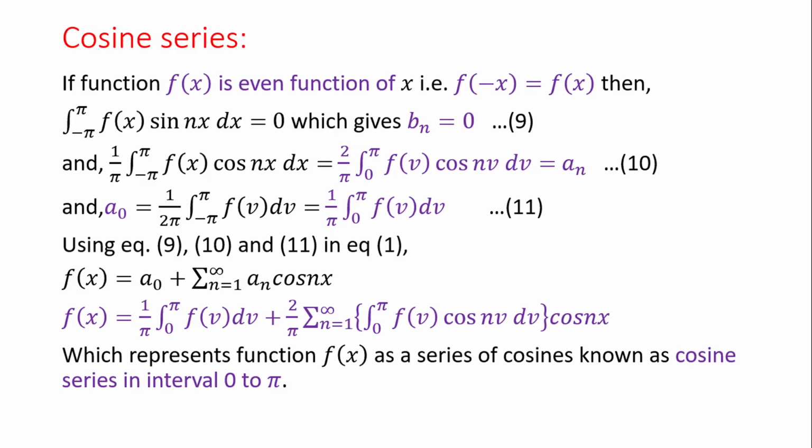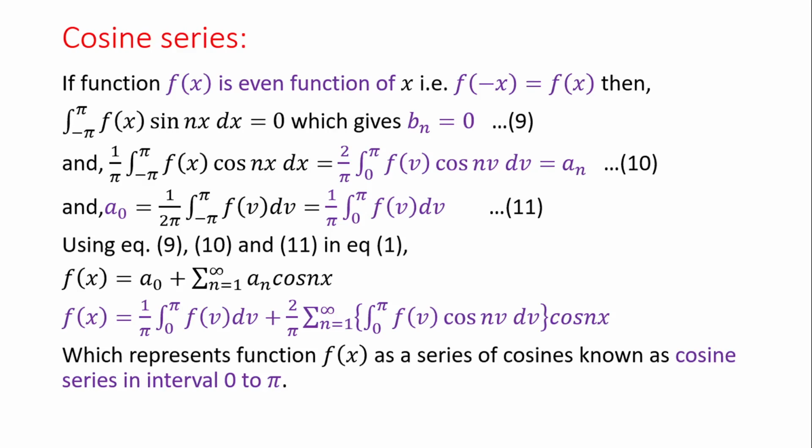Similarly, if f(x) is an odd function of x, then changing the sign of x to minus x will change the function to a negative function, that is minus f(x). So f of minus x equal to minus f(x) if f(x) is an odd function.